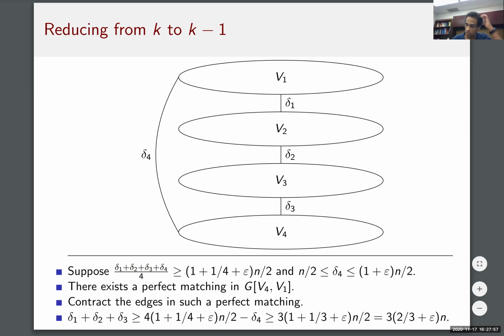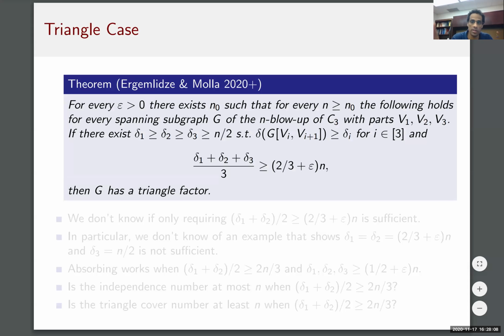Okay. So that's some of the supporting evidence we have for the conjecture. Again, we don't know if it's true or not. So here's our result, where we prove that, for just the triangle case now, you only need the averages to be 2/3 plus epsilon times n.